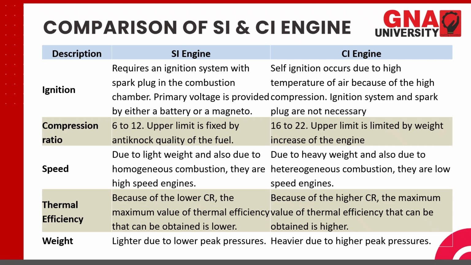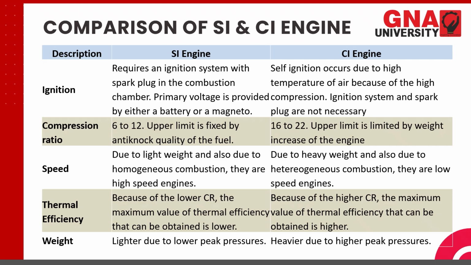On the basis of thermal efficiency, because of the lower compression ratio, the maximum value of thermal efficiency is low in SI engines. Because you have a high compression ratio in the CI engine, you can allow for compression to a greater extent, so the pressure generated and the power generated will be more in case of CI.